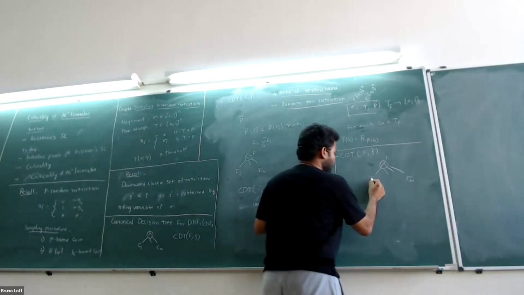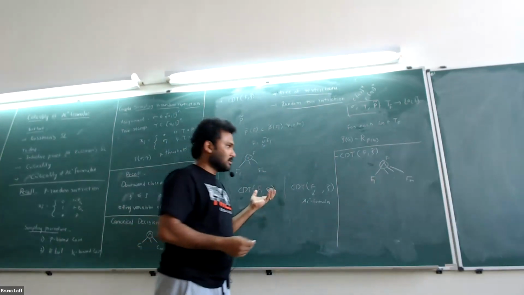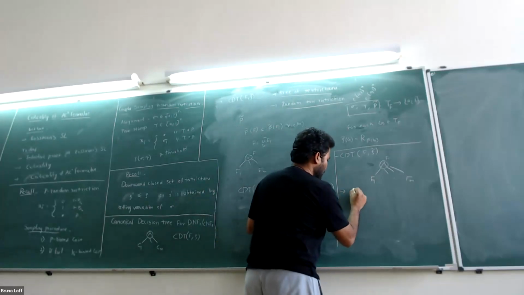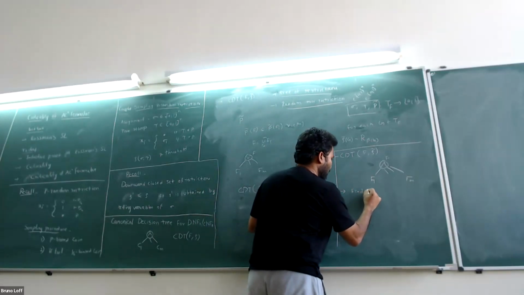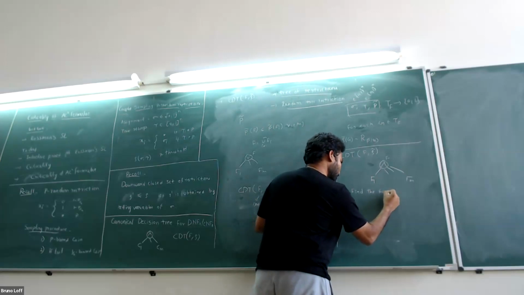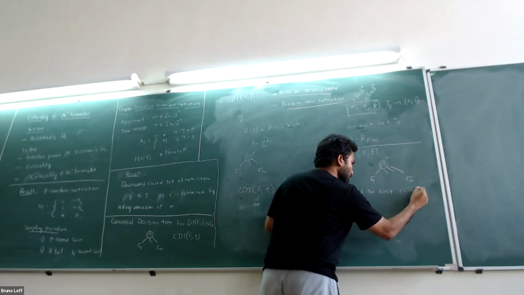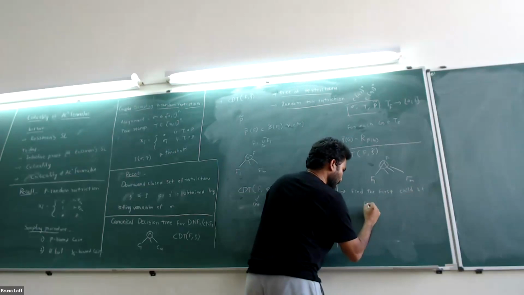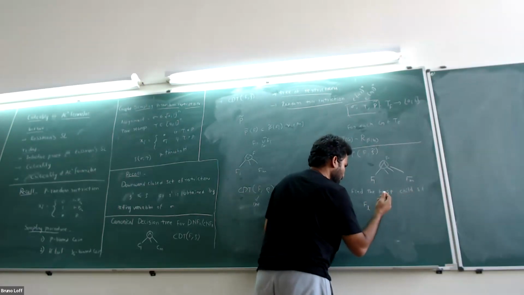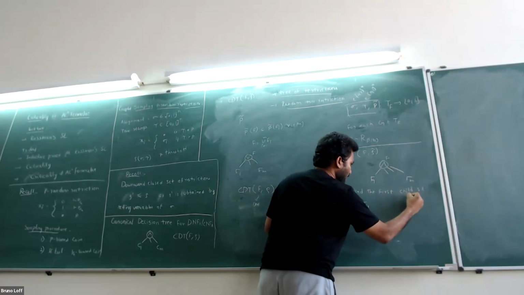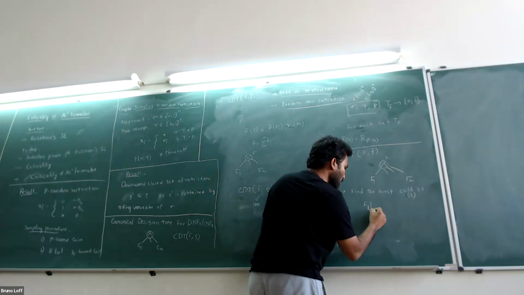Right? Suppose the formula looks something like this. So what would you do? Find the first child, like that. Next by that. FL is referred to within the rows F.